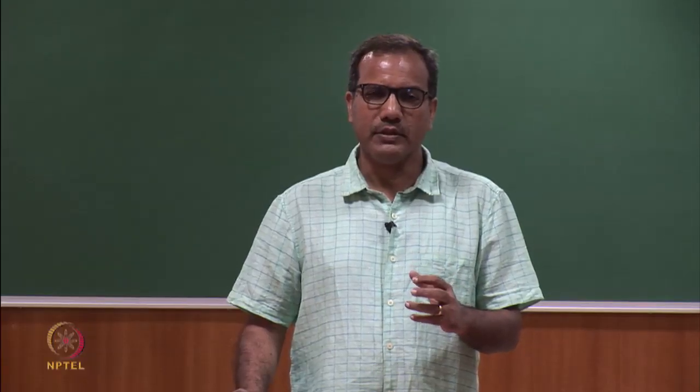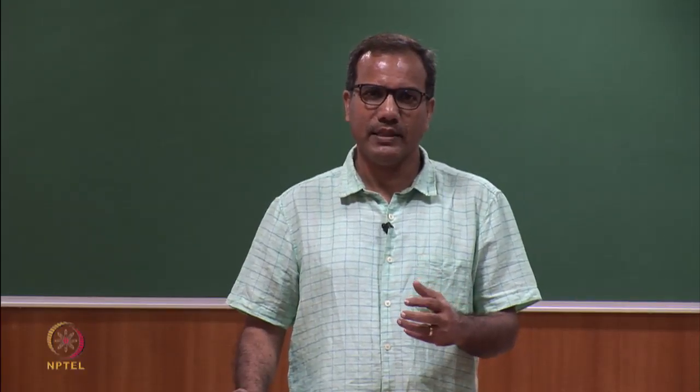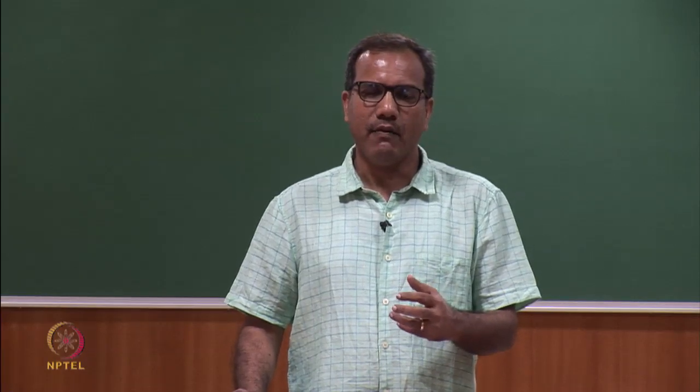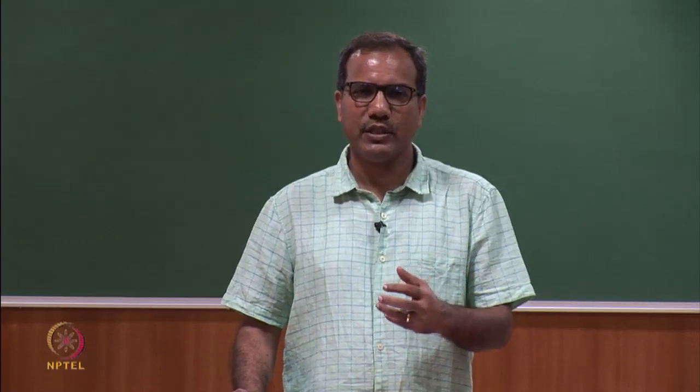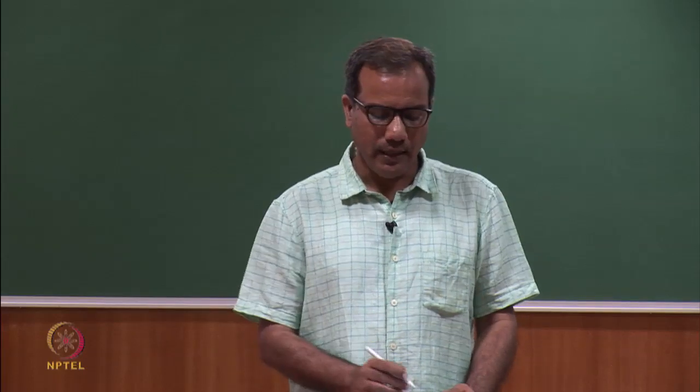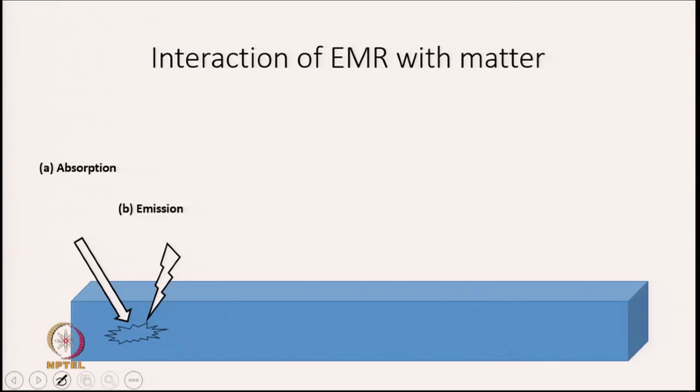After absorption, what can happen is that material will re-emit the electromagnetic radiation, and this process is called emission. The second thing which can happen is that once a part of light gets absorbed, the rest of it can get transmitted.